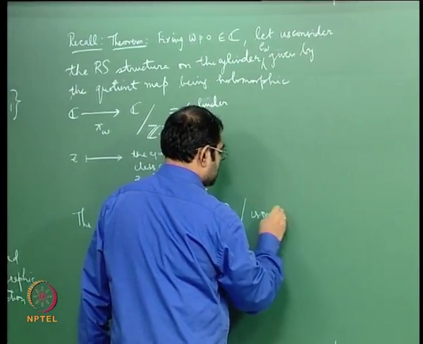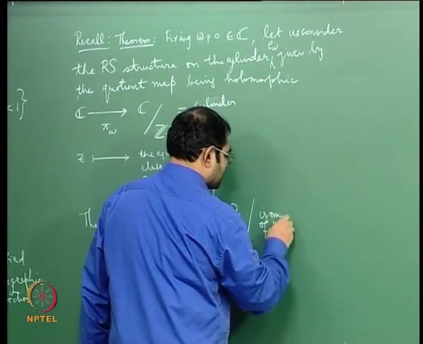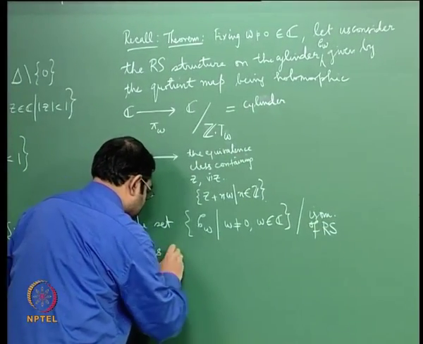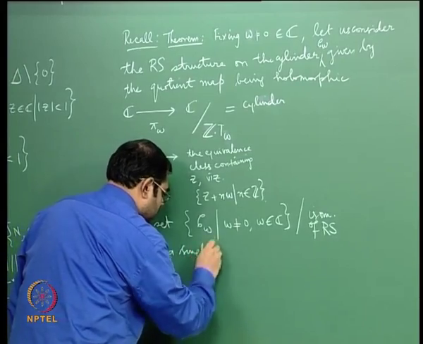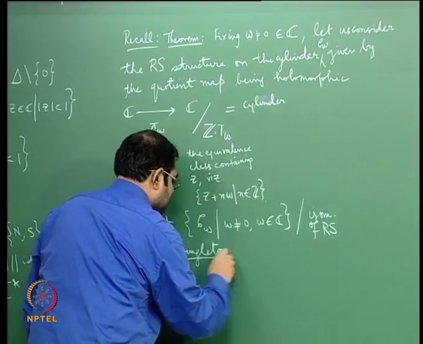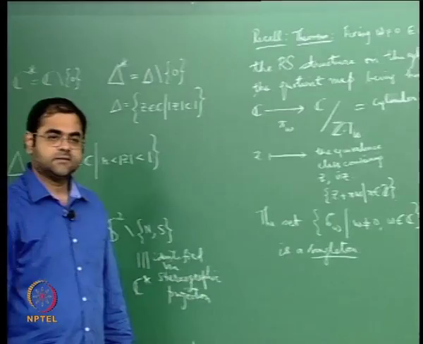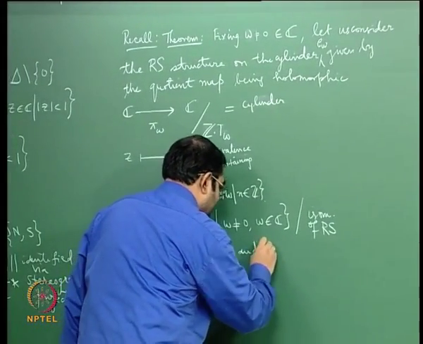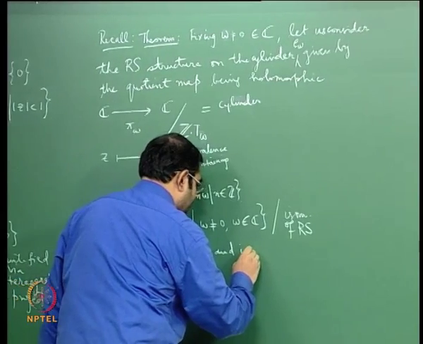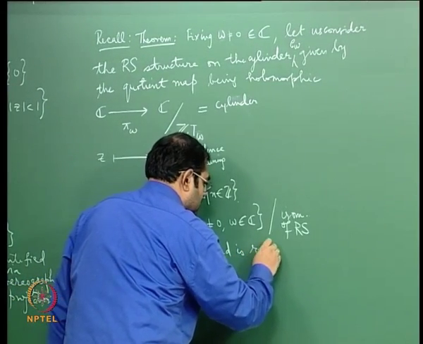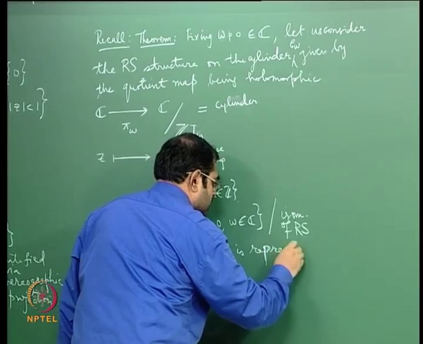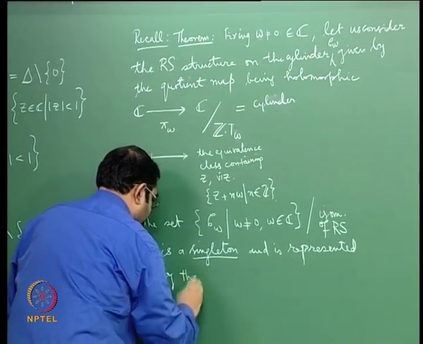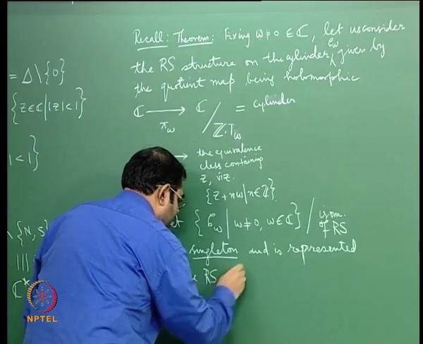Then this is a singleton, and it is identified and represented by the Riemann surface C star.